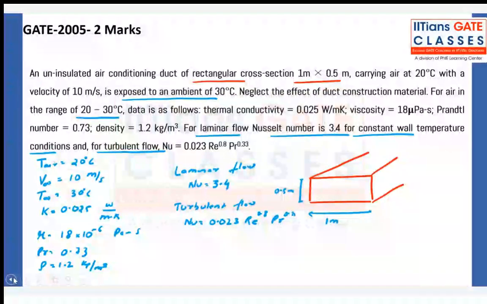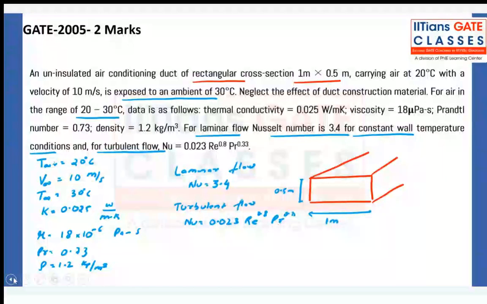There is no defined time for any question. Sometimes a 2 mark question takes less time than a 1 mark question, and sometimes a 1 mark question takes more time than a 2 mark question. It depends on the question. If it is a 1 mark question, you can solve it in around 20 to 25 seconds.